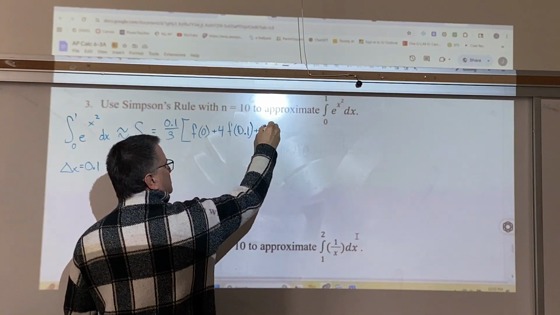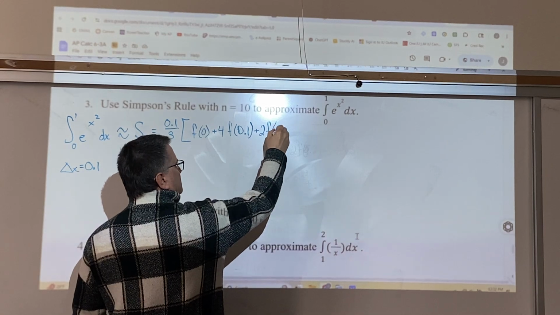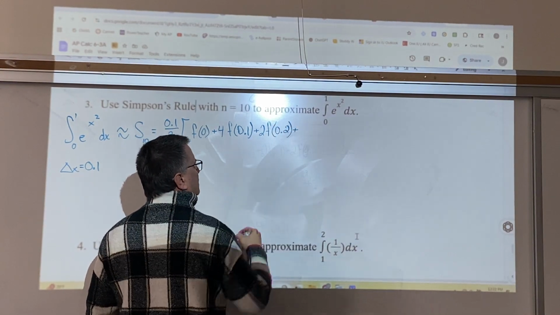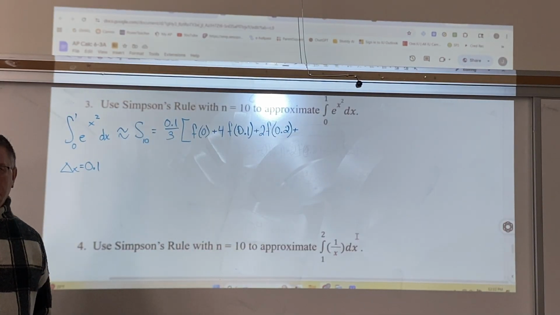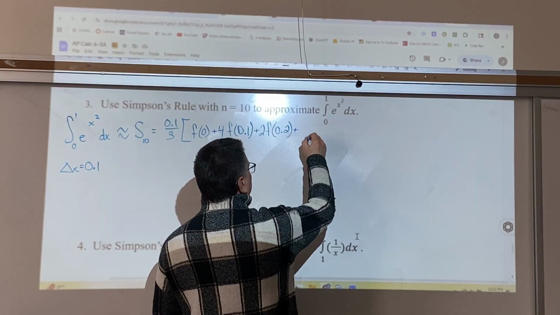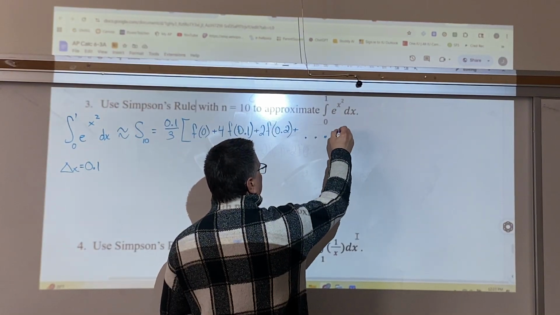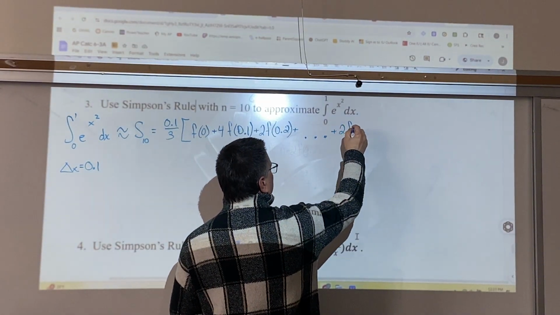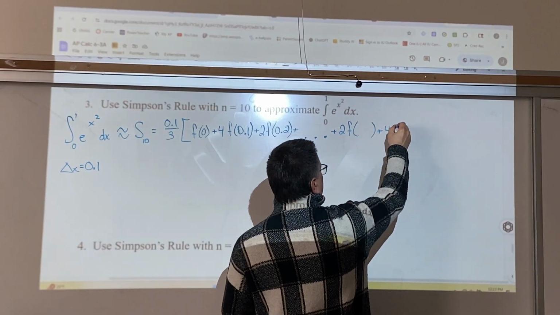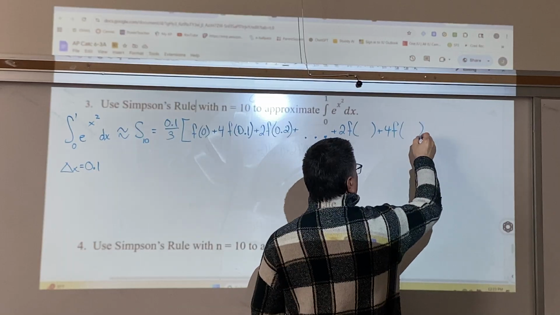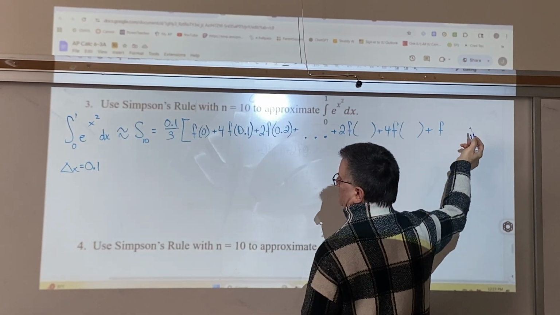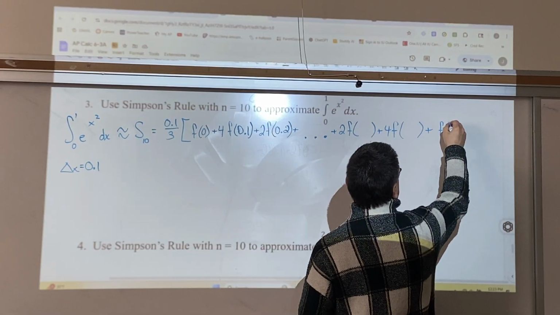Plus 2 times f of 0.1 higher, 0.2, plus dot, dot, dot, plus 2 times f of, we'll figure out what that one is, plus 4 times f of, we'll figure out what that one is, plus 1 times f of, well, we know what that one is. That one's gonna be the last one.